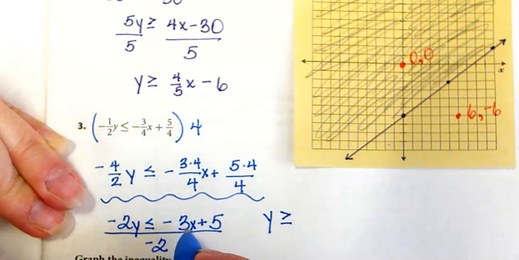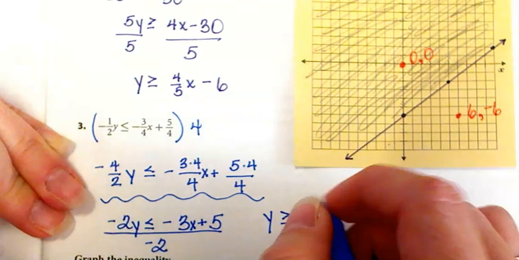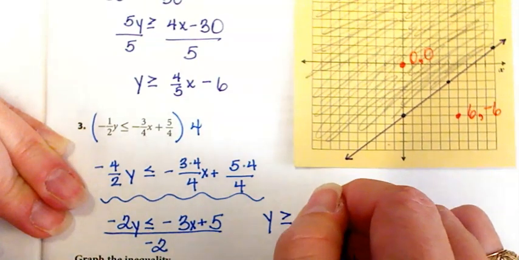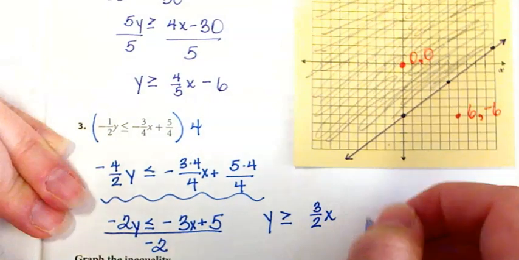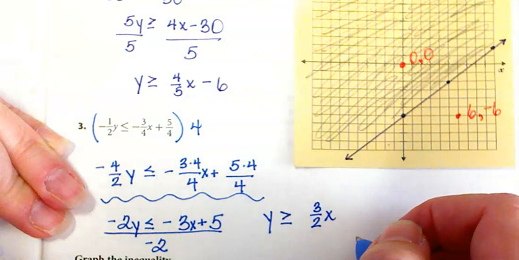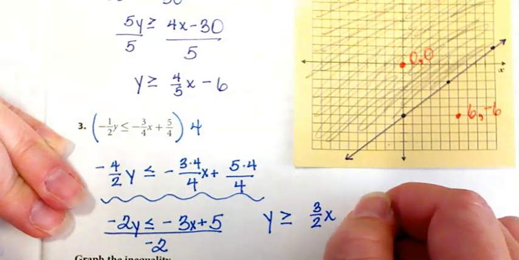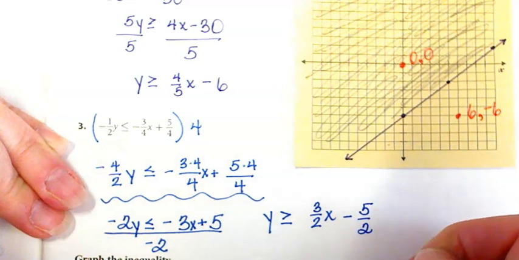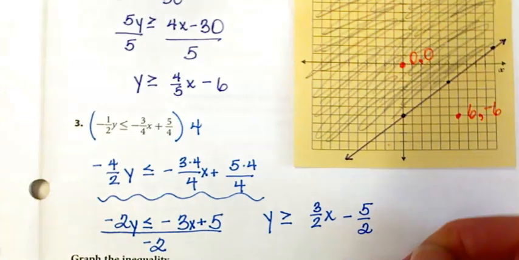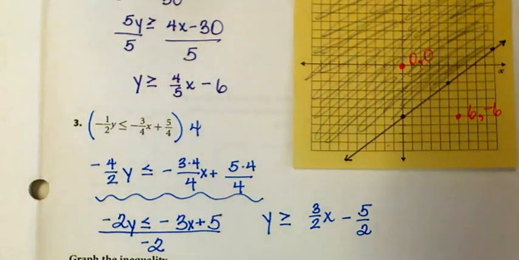Okay, negative 3x divided by negative 2 is going to be 3 halves x. The negatives cancel each other out. And then 5 divided by negative 2 is negative 5 halves, or just negative 2.5. Okay, and then I am going to graph.